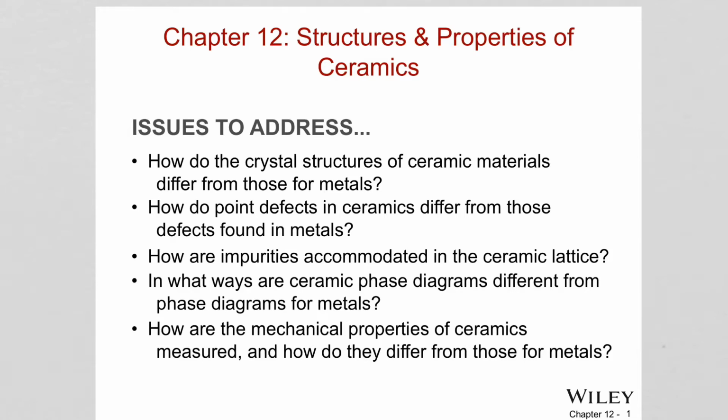And we will look at phase diagrams of ceramics, and then we're going to take a look at the mechanical properties of ceramics, how we measure them and how different they are from the metallic materials.